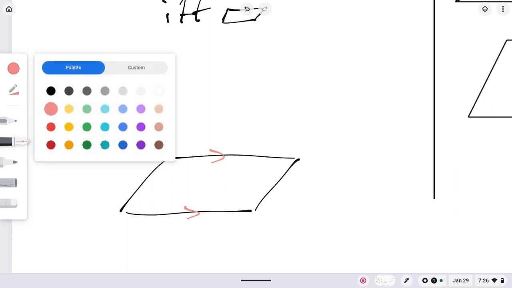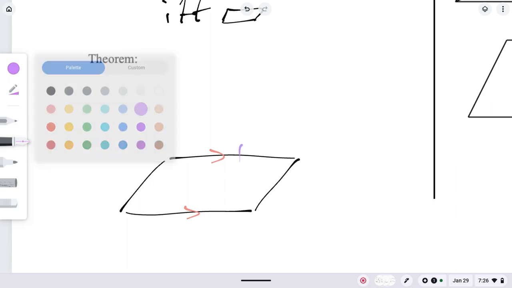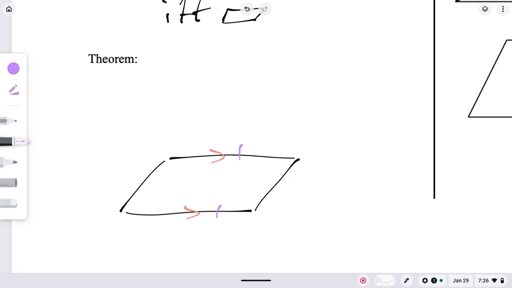But then second, I also know that those two sides are congruent. So it doesn't matter if you're told anything about anything else. If a pair of opposite sides are both parallel and congruent, then this definitely would have to be a parallelogram. Right? There's no other way around it.